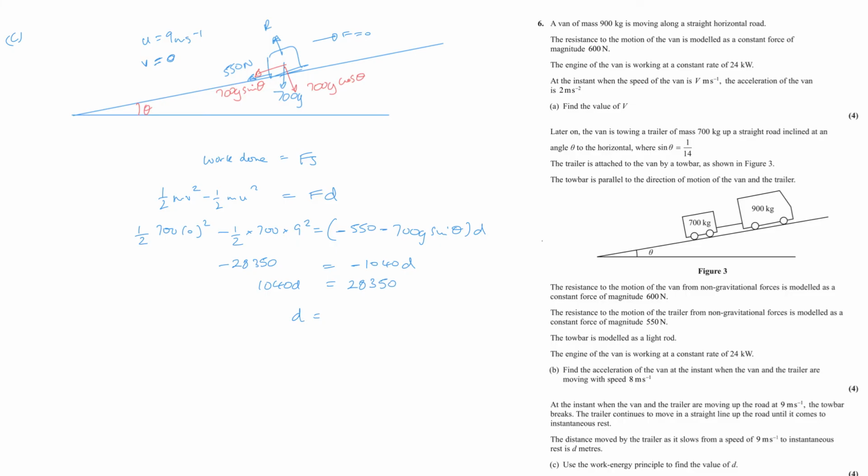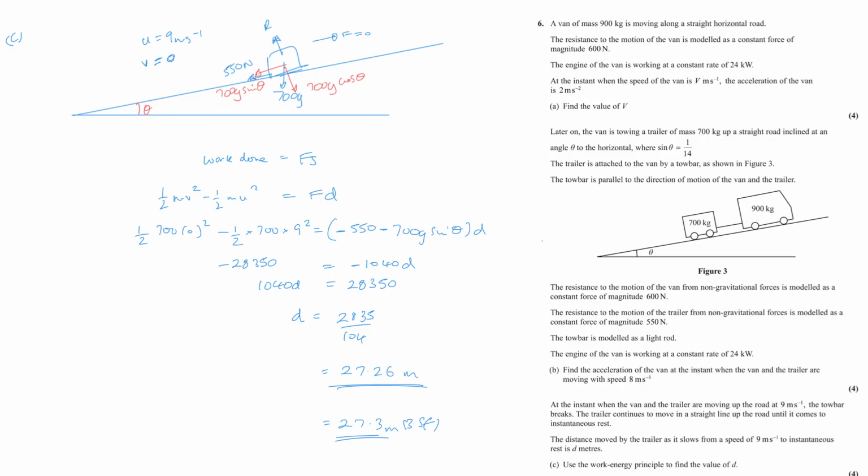So divide, so 28350 divided by 1040 equals 27.3 meters. So it's 2835 over 104, which is 27.26 meters, or 27.3 to 3 significant figures.